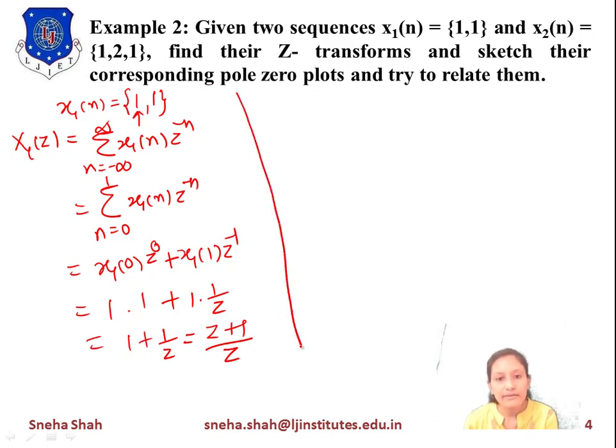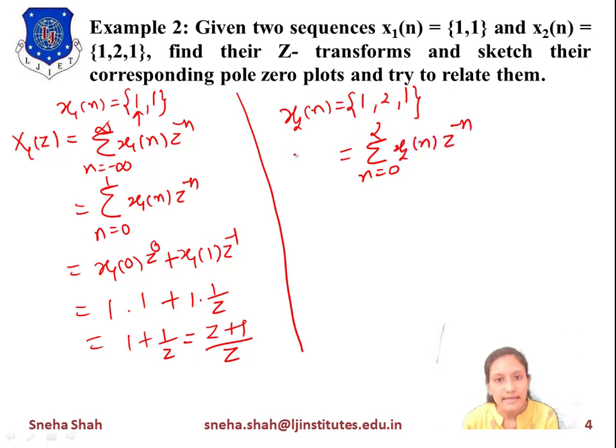Similarly, let us find it for the second sequence. For the second sequence, x2 of n is given as 1, 2, 1. Here also the arrow is not given, so the first term is considered as n equals 0, then 1 and 2. So the range of n is 0 to 2 of x2 of n z raised to minus n. This is your x2 of z.